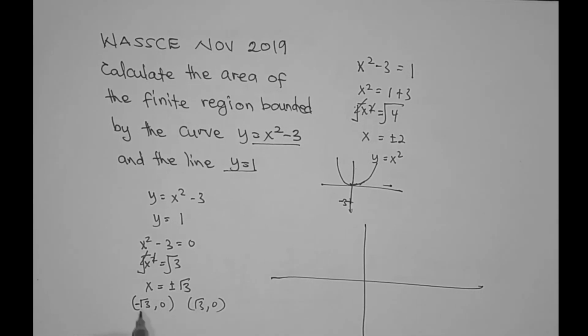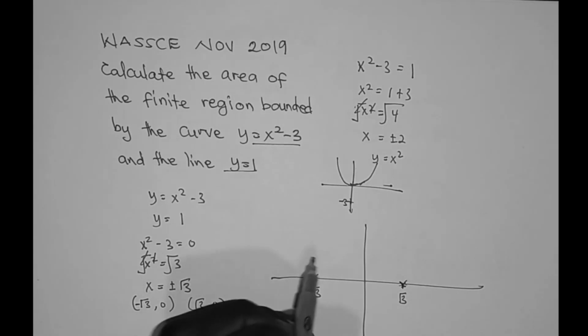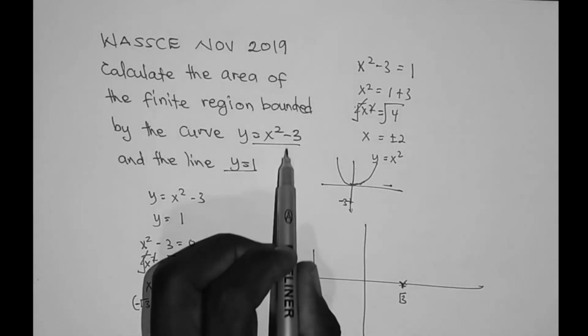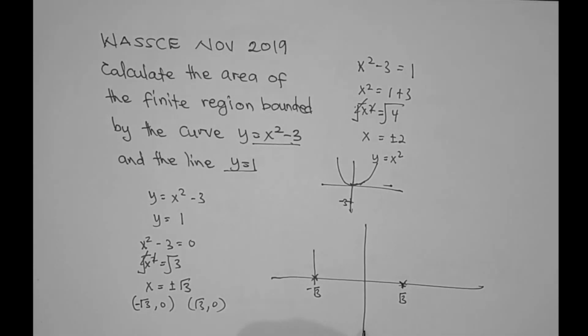And then we know that the intercepts are minus root 3 and root 3. So one of the points is minus root 3 and the second one is root 3. Since it is open up, we also said that the y-intercept is minus 3.